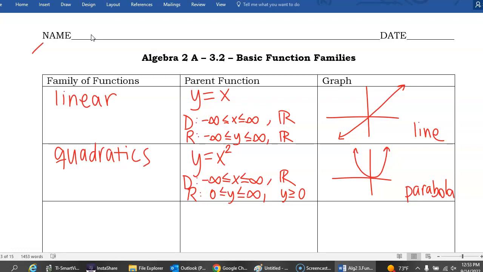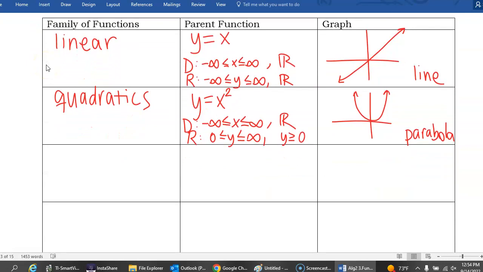The next family I want to talk about is the square root function. So square and square roots, quadratics and square roots, they are inverses of each other.